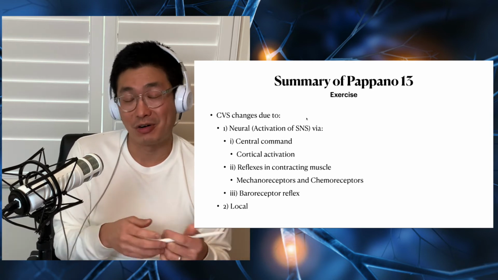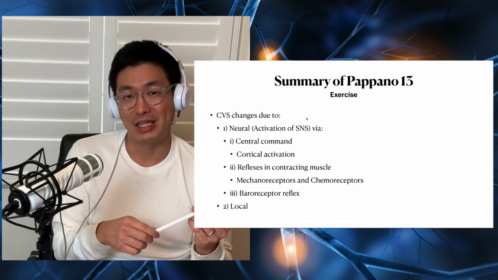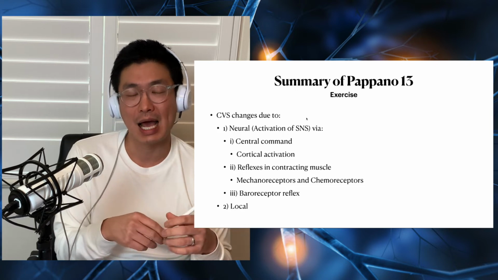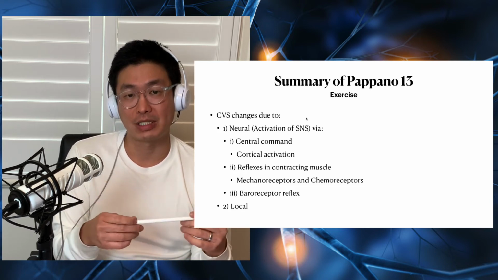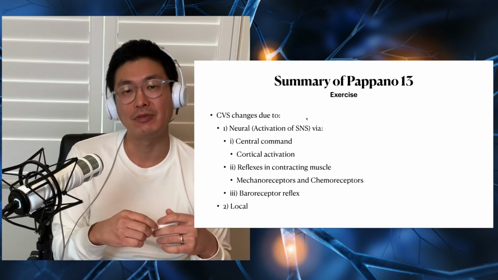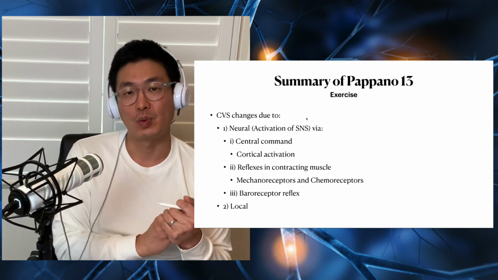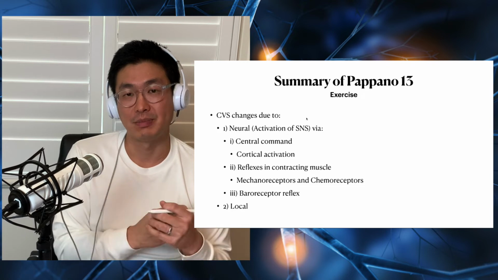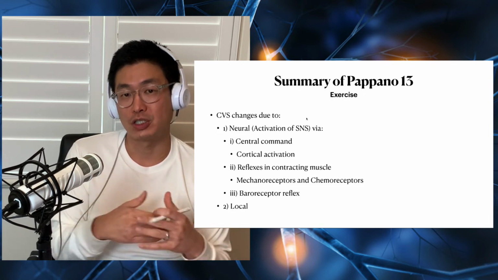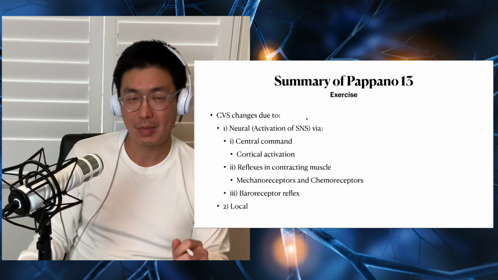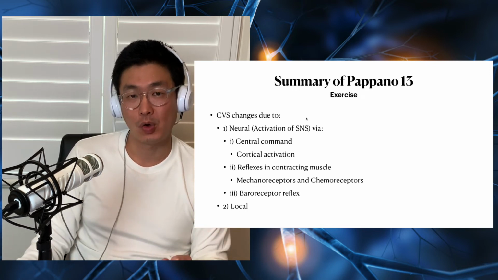I think the examiner probably didn't want you to talk too much about the baroreceptors, and that's something to be aware of: even though, yes, it is involved with sympathetic nervous system activation during exercise, don't spend too much time talking about it. And then the second bit is local, and we've talked a lot about the flow-metabolism coupling involved.